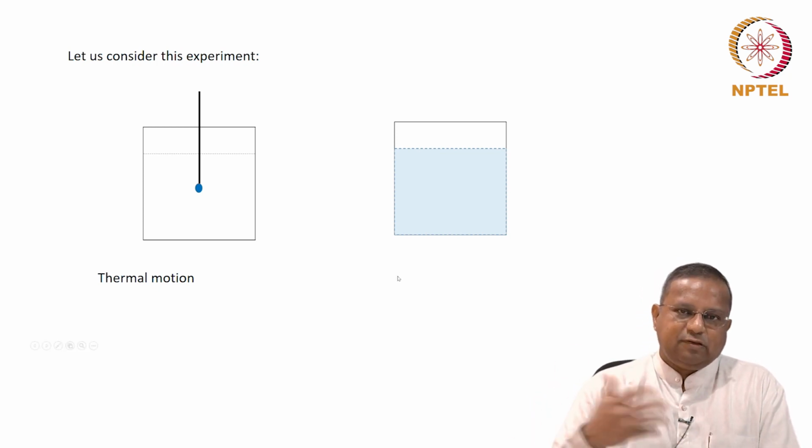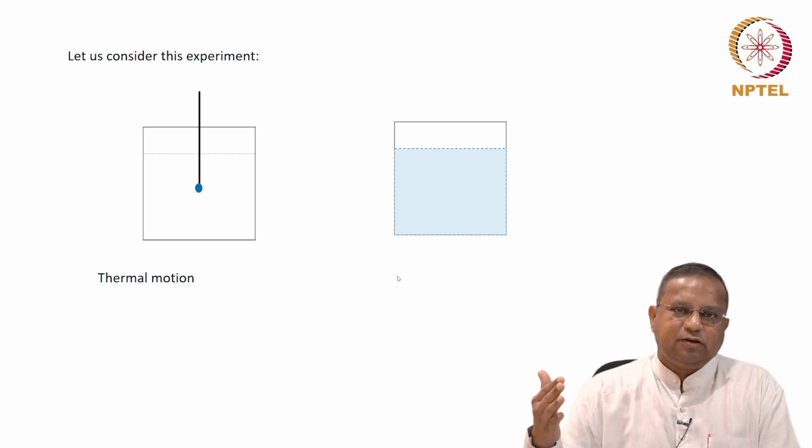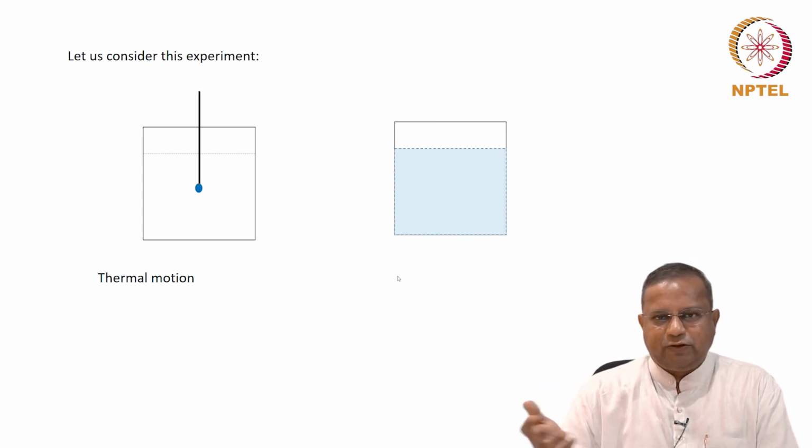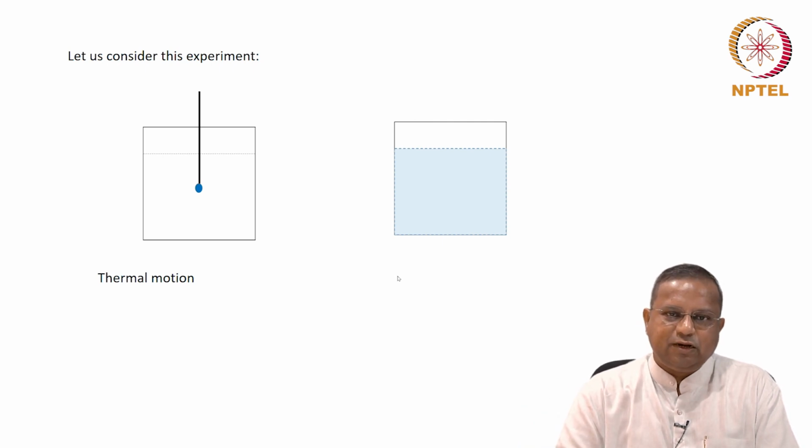We also said across phases it is the difference in chemical potential that drives it, but in a phase the chemical potential can easily be replaced by concentration, and that should work.